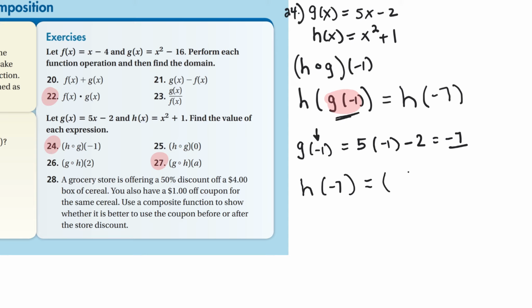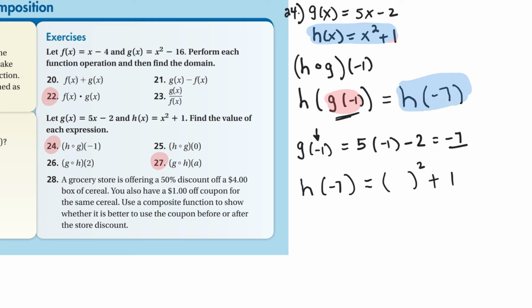So you have parentheses squared plus 1, because that's h. Let me go ahead and highlight that. You're probably saying, where is h? H is up here. I'll use a different color. This is h.